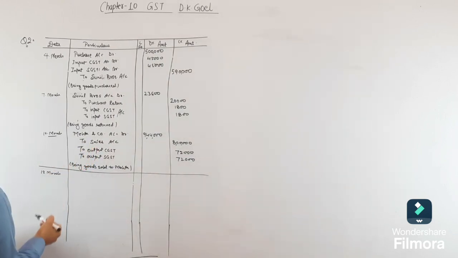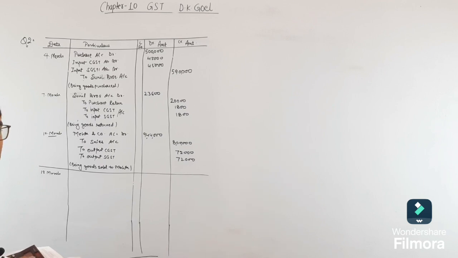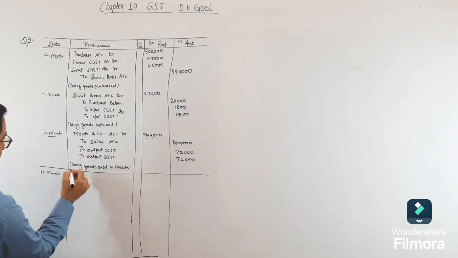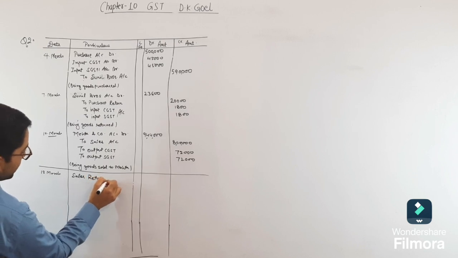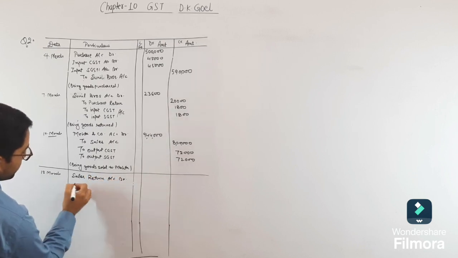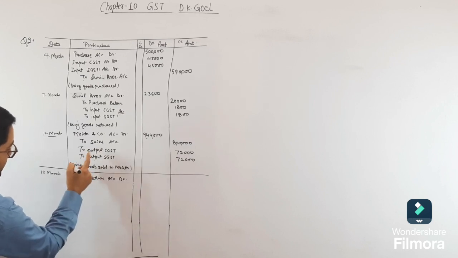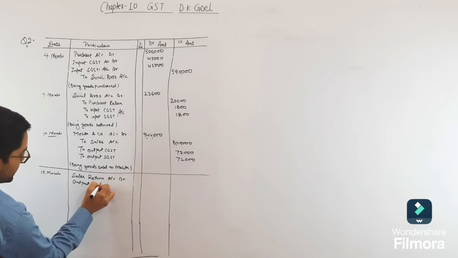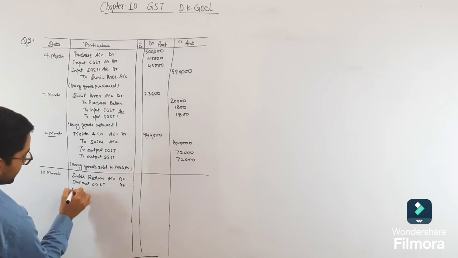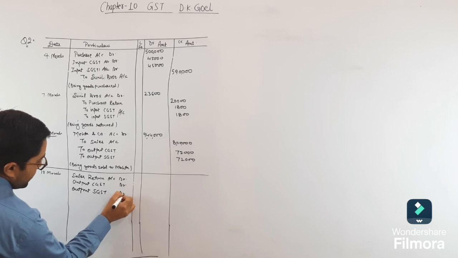Mehta is my debtor, and if the debtor decreases, it goes into the credit section. So the entry will be sales return account debit, output CGST debit, output SGST debit.